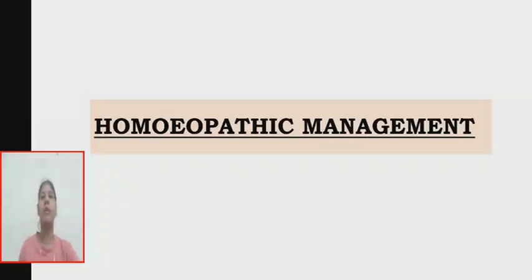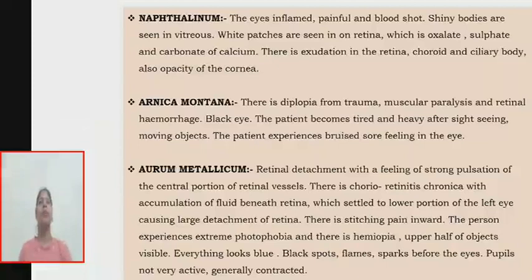Now, homeopathic management. The drugs are as follows. Naphthalinum: the eye is inflamed, painful and bloodshot, shiny bodies are seen in the vitreous.